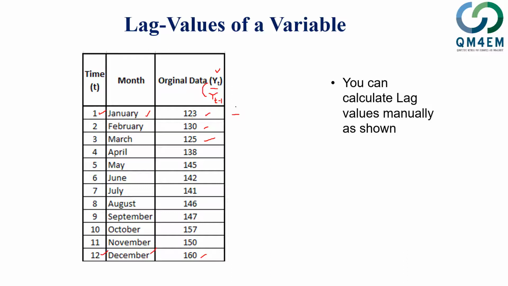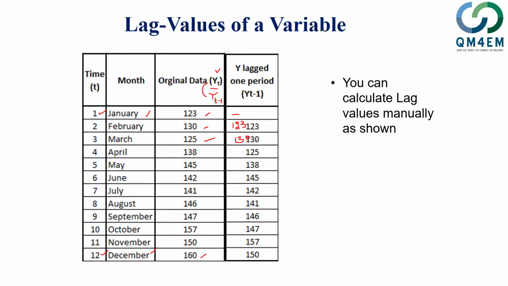The lag value for this is 123, so for February YT minus 1 would be 123. Similarly for March I have a sale of 125 units, but YT minus 1 would be the value of February, or Y measured in the previous period, which is 130.